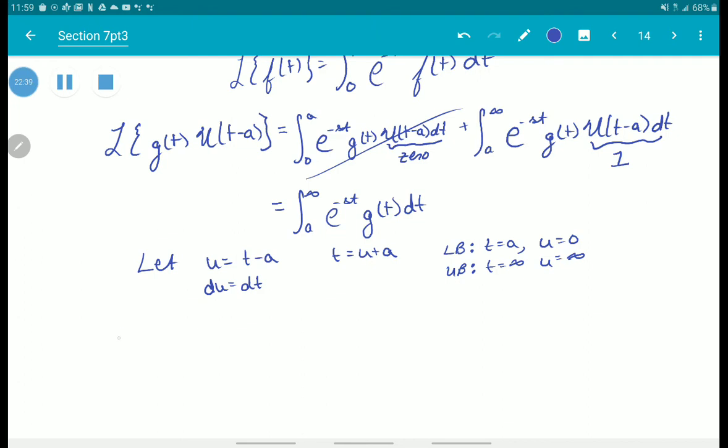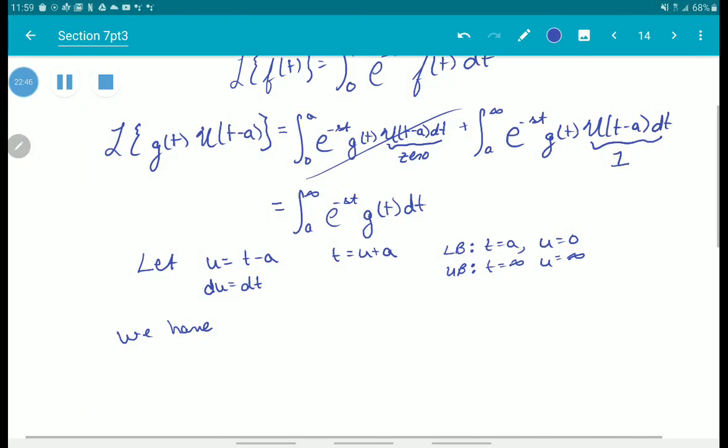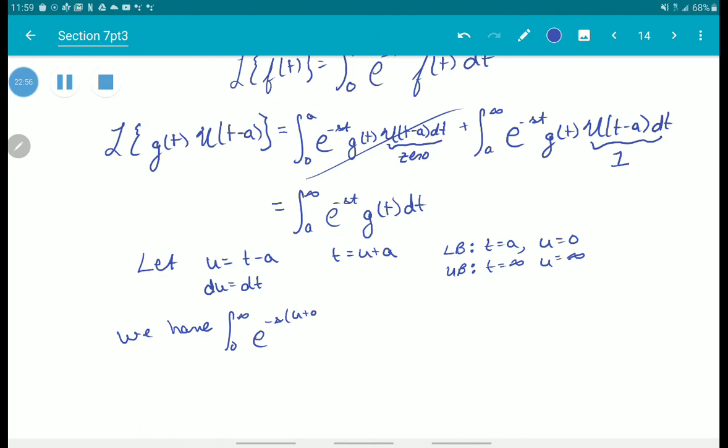So here's what we have. We are now integrating from 0 to infinity, e to the negative st, but t is u plus a.